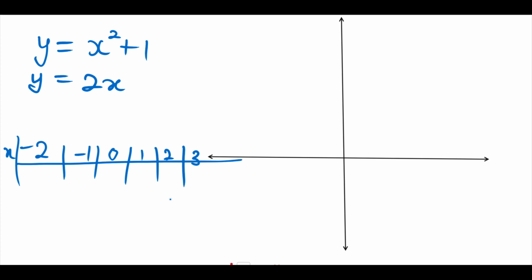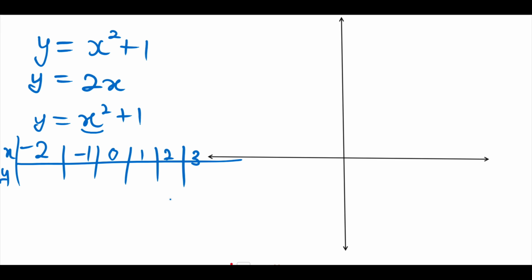We are using the function y is equal to x squared plus 1. To generate the corresponding y values, for every x value that you consider, you plug in that value. I'm starting with negative 2 as the x value, so I'll plug in negative 2 in place of the x.